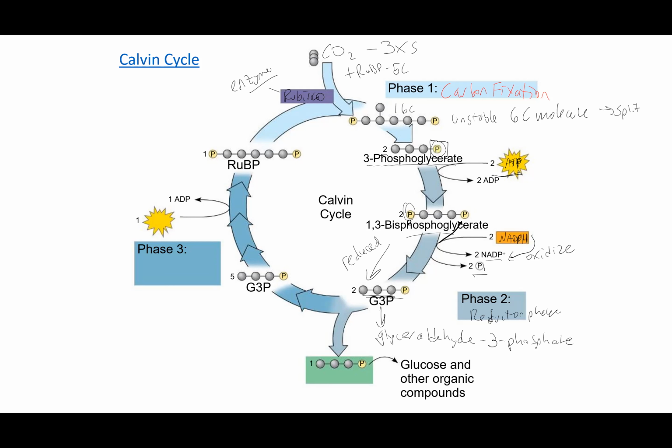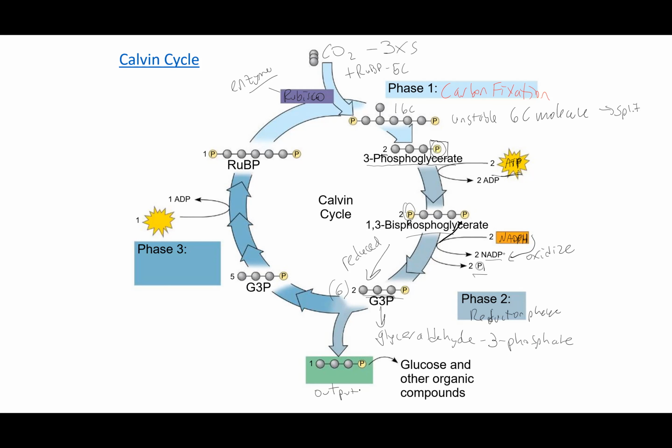So we've made 2 G3Ps, but we're going through this 3 times, so we've really made 6 of them. So one of those is going to go out, and that's going to be the output from this. That's our carbohydrate that we made.